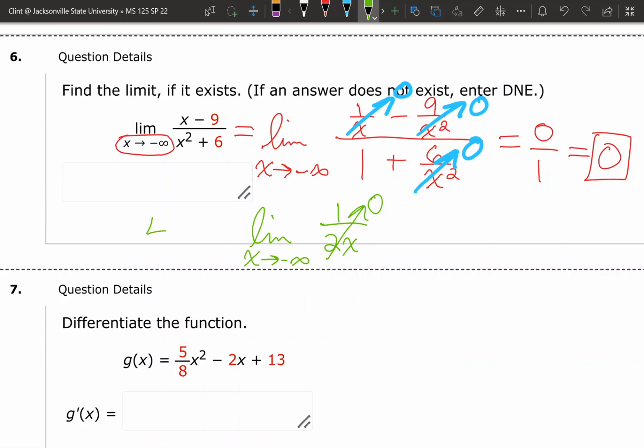So that's L'Hopital's rule. Question on that one?